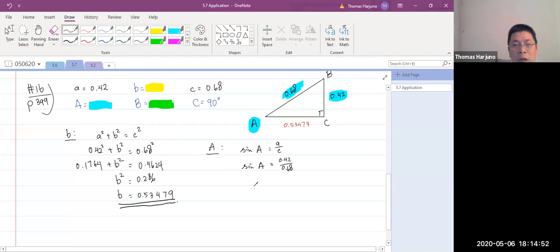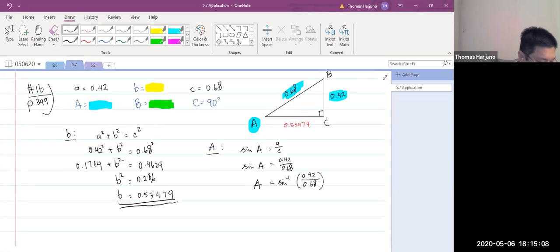So A equals sine inverse of that quotient, sine inverse of 0.42 divided by 0.68.